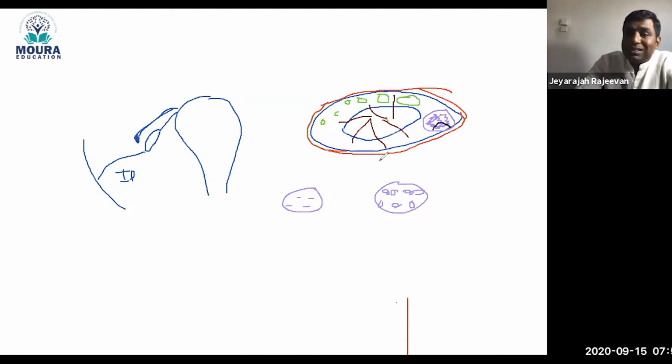So this is called cystic and solid nature. Now I have told you three ways: it could be a solid mass, it could be a cystic mass, or it could be cystic with a solid component.